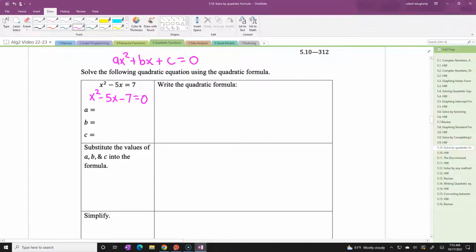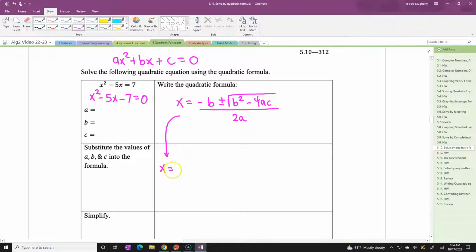Now the quadratic formula, I would write this down as many times as I can, because there are people who get on a test and they write this down incorrectly, which means the answer is wrong. So make sure you get the formula right. Negative b plus or minus the square root of b squared minus 4ac, everything over 2a.